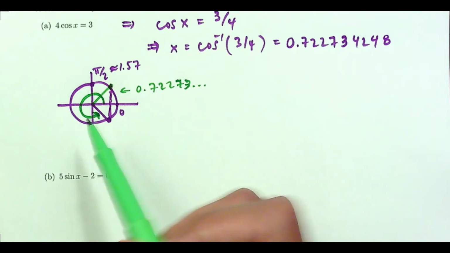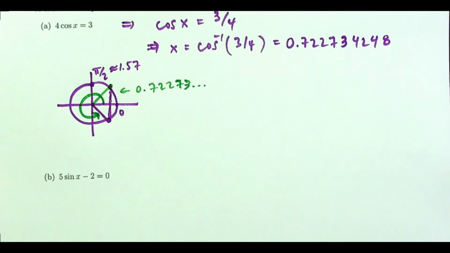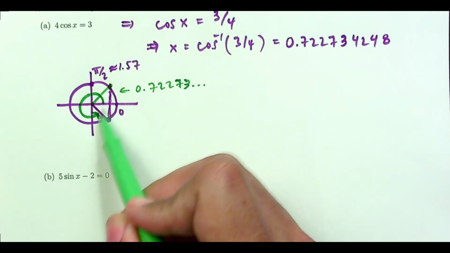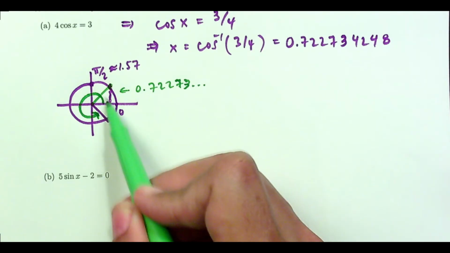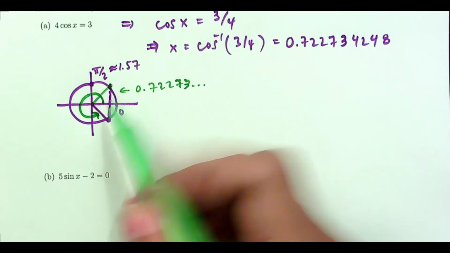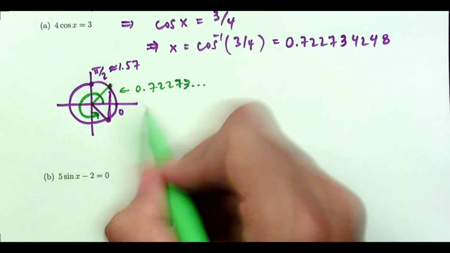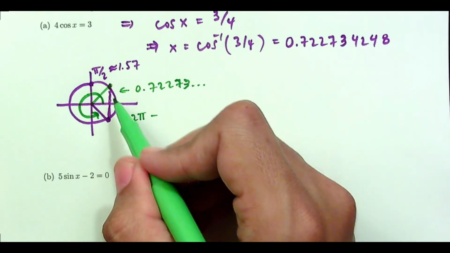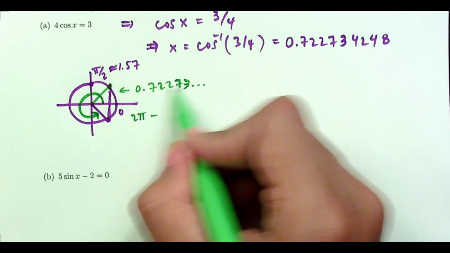That angle is almost 360. It's almost 2 pi. It is short by this little piece. That little piece is the same as that, so I need to take it away. So that means that other angle is 2 pi, almost a full circle, minus this piece, which is the same as that.